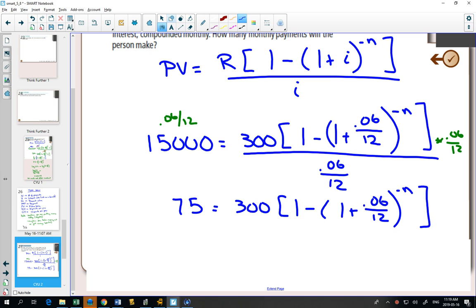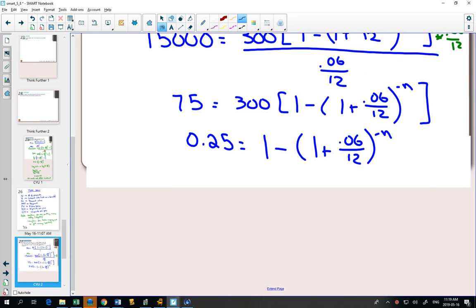Divide both sides by 300. And now I don't need those big brackets. Subtract 1 on both sides.